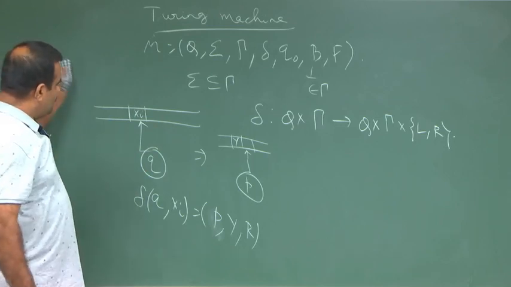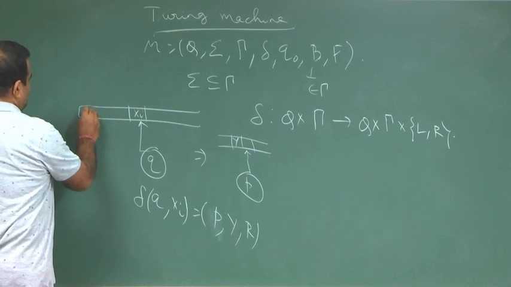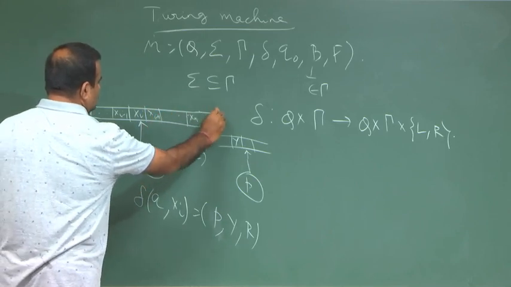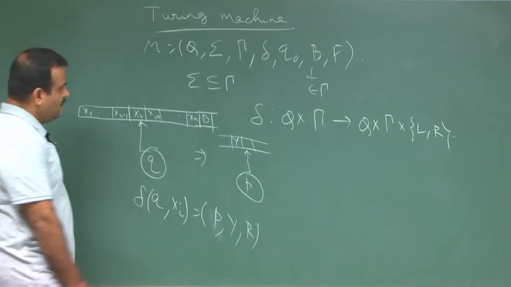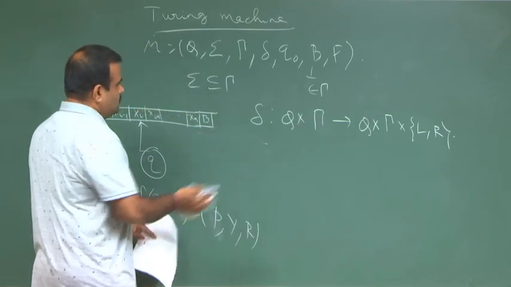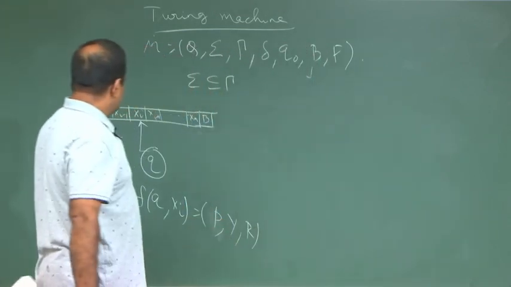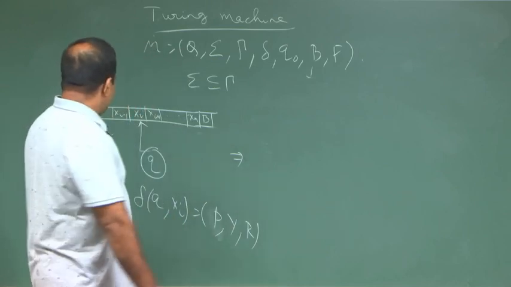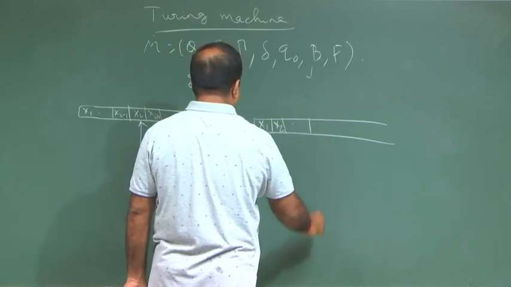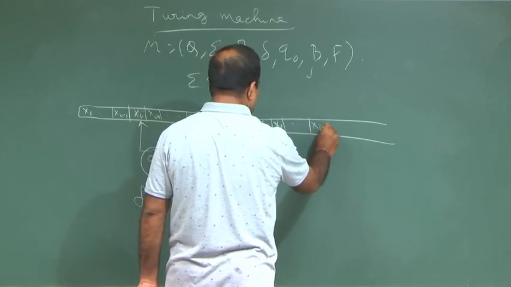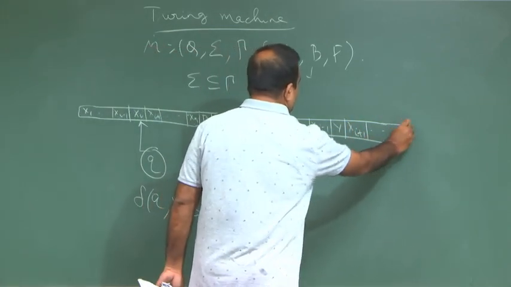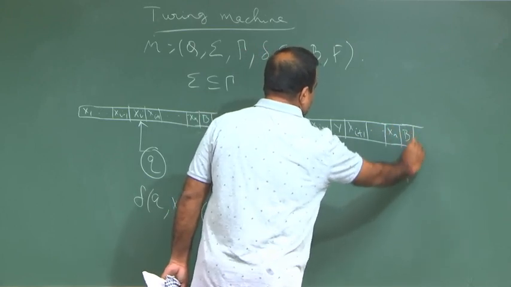Okay. And using this we have the instantaneous description. Suppose the tape is x1, x2, up to xi minus 1, then xi, xi plus 1, up to xn, and after xn we have blank b. After the move, the tape is like this: x1, x2, up to xi minus 1, and xi is changed to y, then up to xn, and then b, the blank symbol.